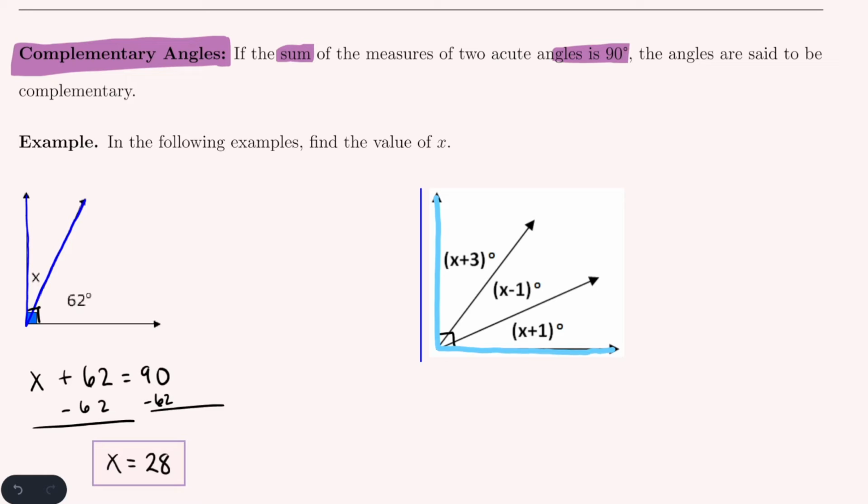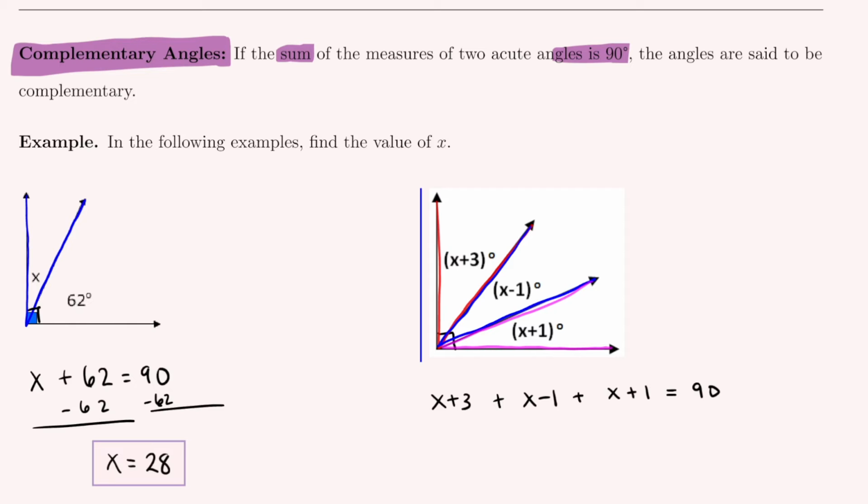We see it has the smaller angles x plus 3, x minus 1, and x plus 1. All three of these together combine to be 90 degrees, so we could write out the equation x plus 3 plus x minus 1 plus x plus 1 is equal to 90 degrees. And this is because all three of these are subparts of an overall 90-degree angle.